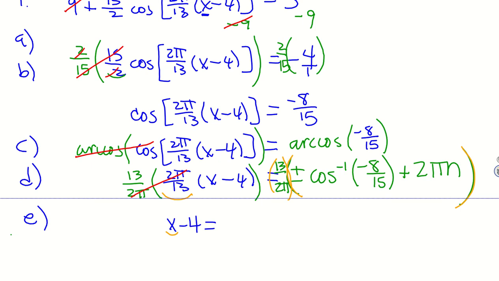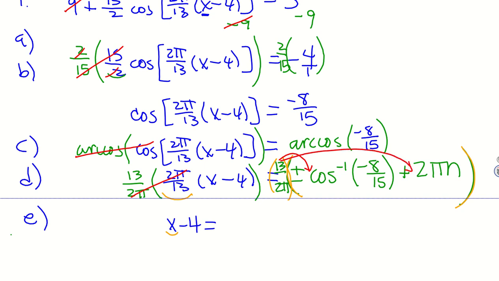When we multiply things that are added and subtracted, we distribute over any addition or subtraction sign, which means we're going to take this 13 over 2 pi over the plus and minus, and then over this plus sign.